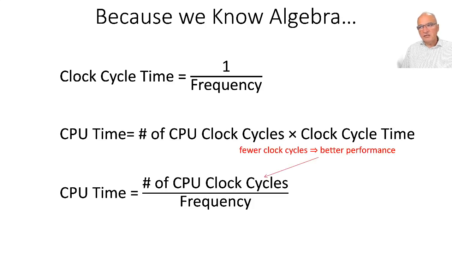Which implies that if I have fewer clock cycles, I have better performance, because of course then it takes a shorter amount of time to execute the program. And if I have a faster clock, then I also have better performance. So some of you may have heard about the term overclocking your CPU. That means you are increasing the clock frequency of your CPU to get better performance.